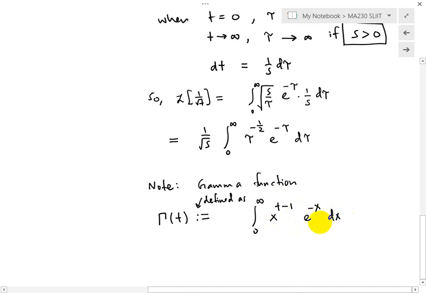Okay, so we have this polynomial being multiplied by decaying exponential function and integrate. So this is a special function. I'm not sure whether you will need it after this lecture or not.